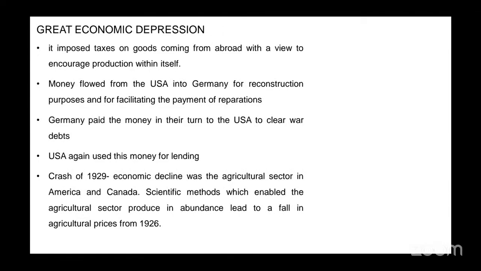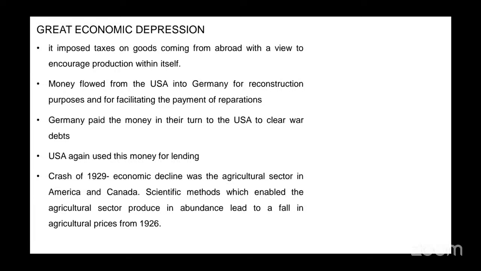Next, they imposed taxes on goods coming from abroad with a view to encouraging production in their own country. Even if people import goods from other nations because they are cheap, if the tariff on them is higher, people would be more interested in buying goods produced in their own country.